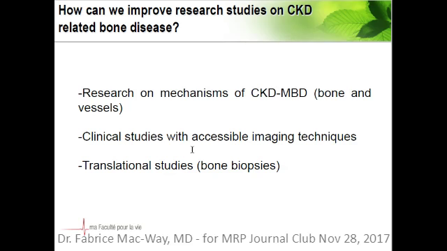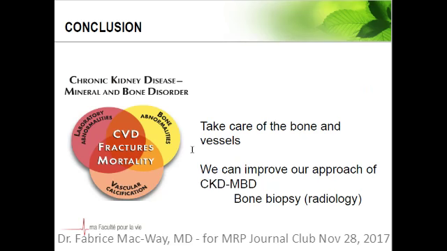I think we have to take care of the bone and the vessels. When we look at the patient with mineral abnormalities, calcium, phosphate, vitamin D, PTH, FGF23, metabolic acidosis, you will have BMD results because we tend to do more bone mineral density.